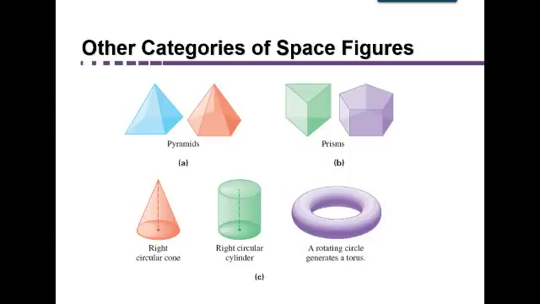In general, the categories of space figures that we're primarily going to be concerned about are on this slide. We're not going to be concerned about a torus, but we're going to be looking at pyramids. So let's talk about what constitutes a pyramid. For a pyramid, you can take any polygon as the base.